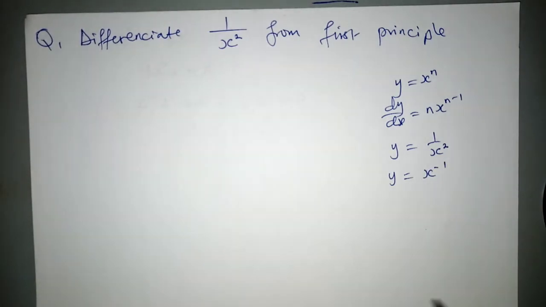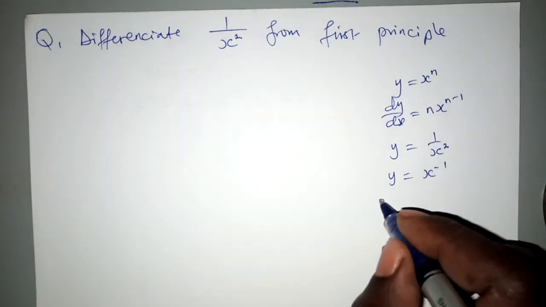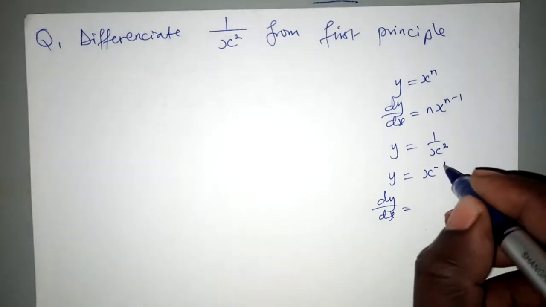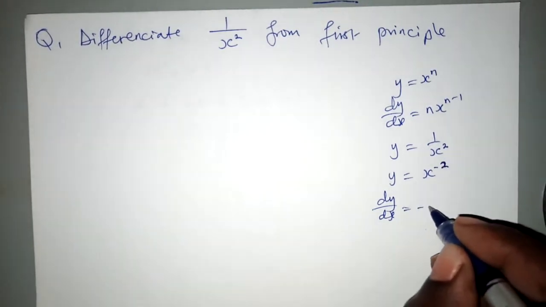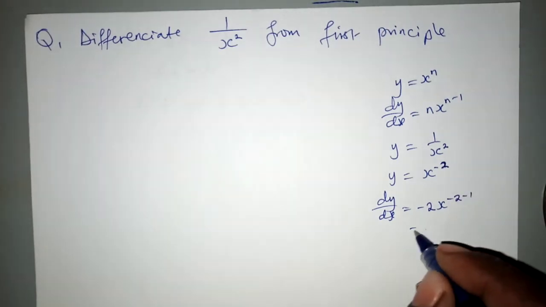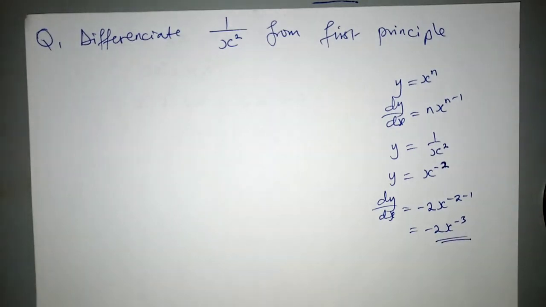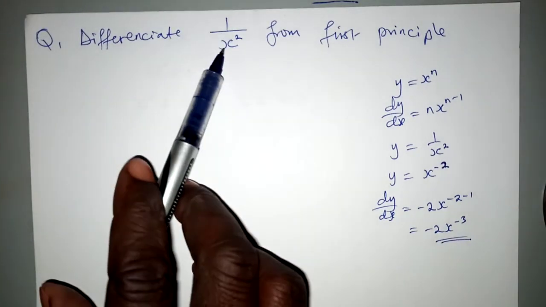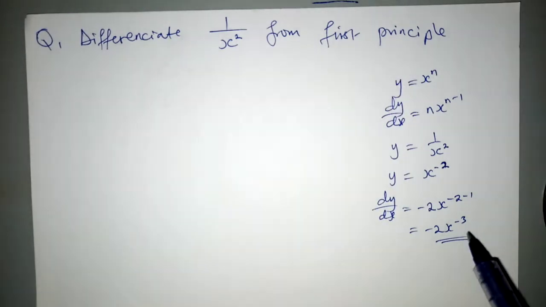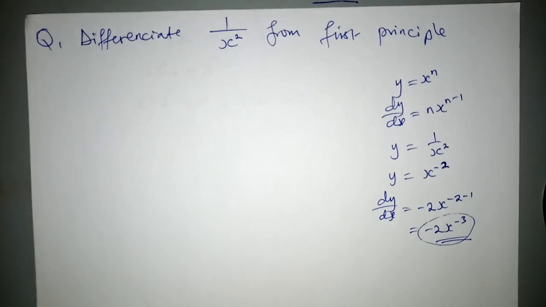So if you differentiate this using this formula, we are going to have dy by dx is equal to minus 2x to the power of minus 2 minus 1, which is minus 2x to the power of minus 3. So if you differentiate this function using the direct formula, you are going to have this as your result.